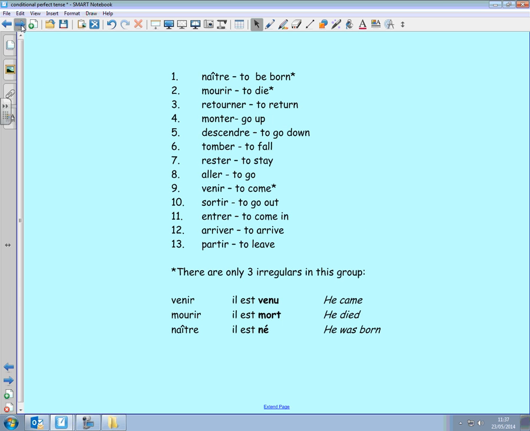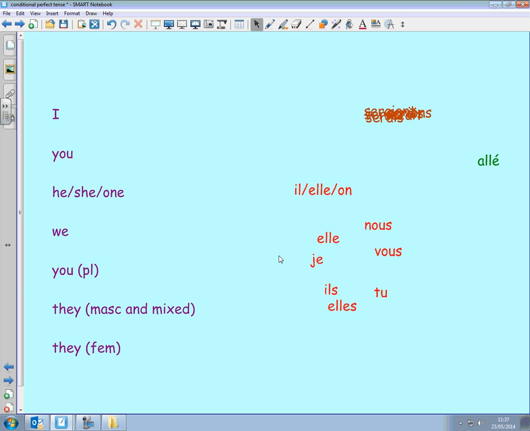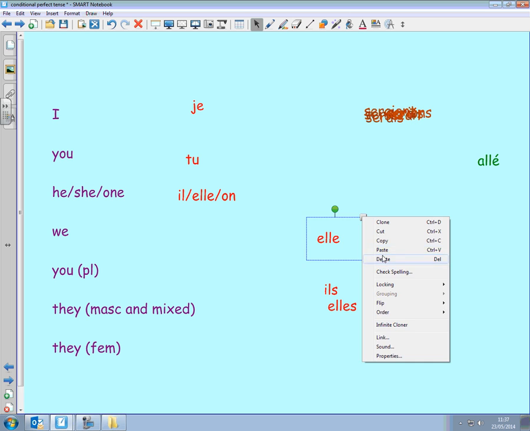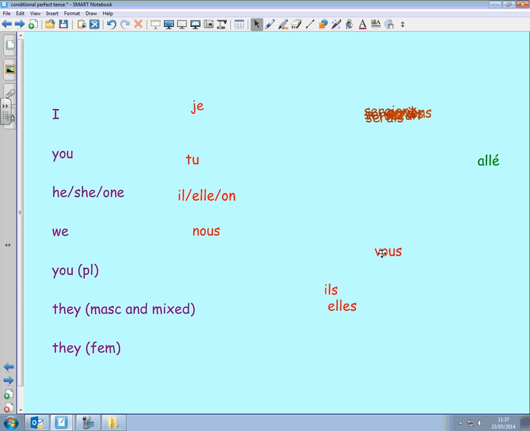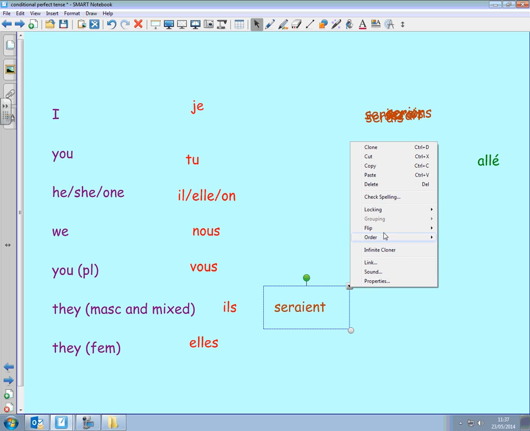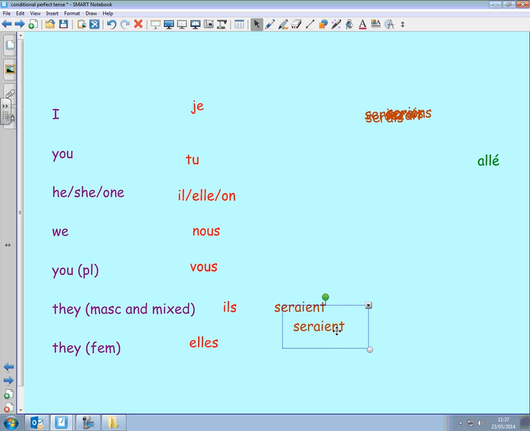Okay, so here are the people again. Je, tu, il, elle, on. Nous, vous, ils, and elles. And let's remind ourselves of the conditional of the verb to be. So if you can guess, serait is going to be down here, and I will need to clone that one because it's going to work exactly the same for they and they.